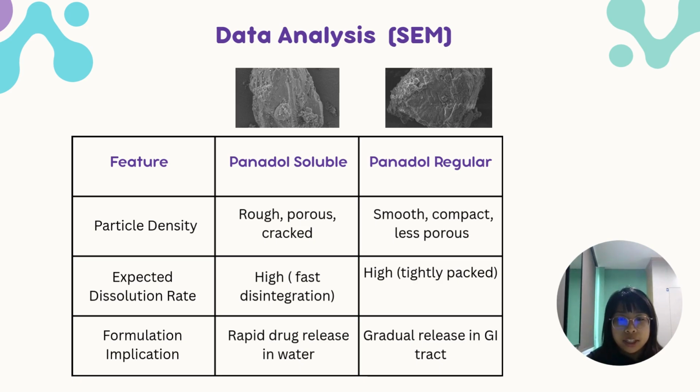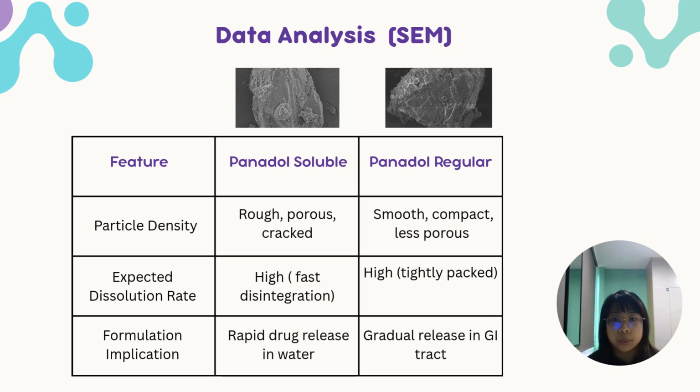For data analysis on SEM, the first feature for Panadol soluble and Panadol regular is the surface texture, whereas the Panadol soluble has a rough, porous, and cracked structure, and the Panadol regular has a smooth, compact, and less porous one. For the surface density, Panadol soluble has low, loose, and fractured, whereas Panadol regular has high and tightly packed.